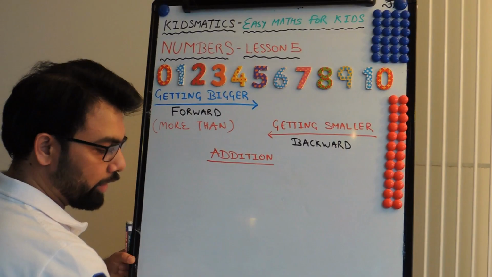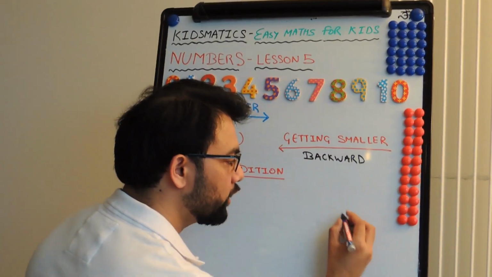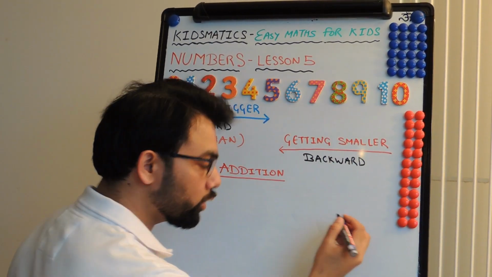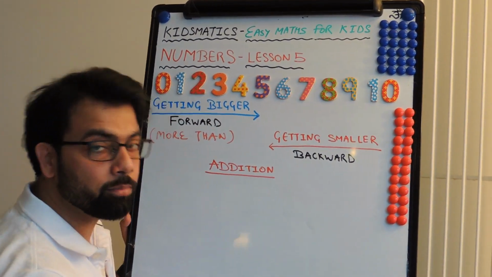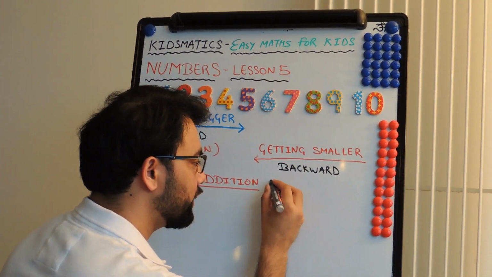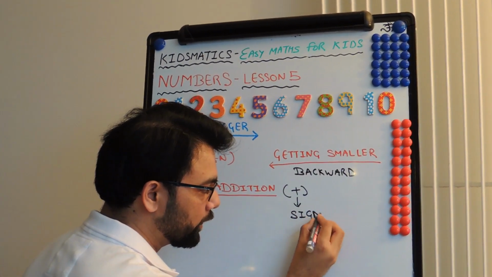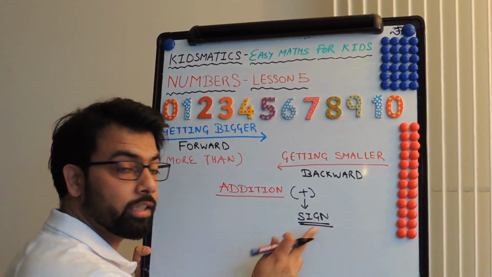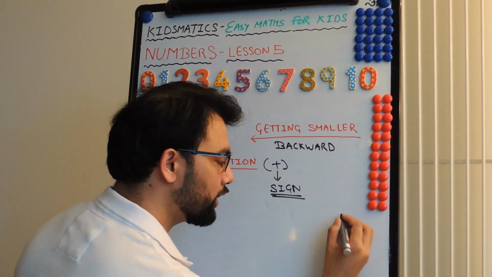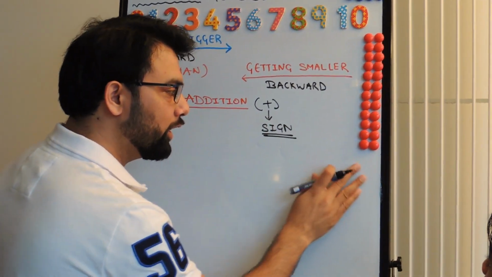Okay, so let me write down the words here. As I said, not just the sign but the words as well. So when we talk about the addition sign, which is plus, what is this? Plus is the sign. And I covered this in the previous videos. Let me write down the words as well.